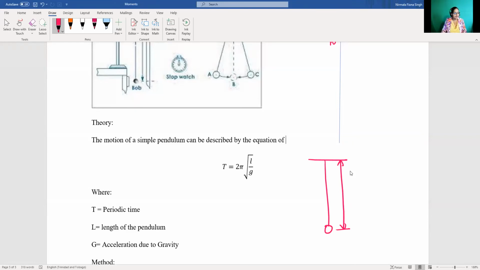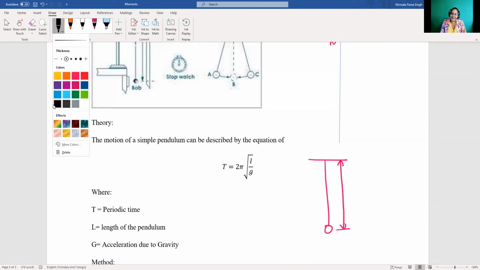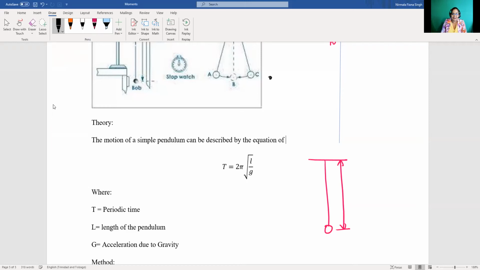Now I didn't put this down, but how do we manipulate this equation? A little tip for an extra bonus mark that's going to go towards your bonus marks for the term, not your SBA mark, but your term mark. When I manipulate this equation and make g the subject of the formula, I'm going to get g equals 4 pi squared L over T squared. If you're pretty okay with maths, do it on your own.